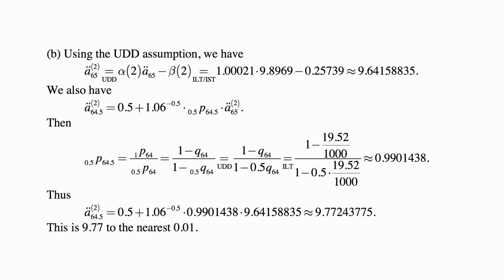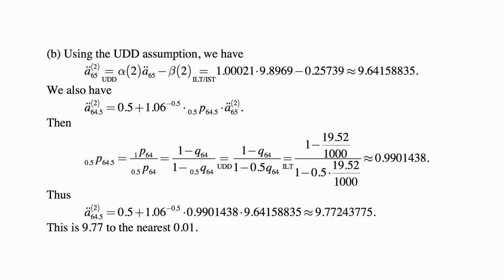A double dot upper 2 64.5 is equal to 0.5, the first payment, plus discounted over half a year, adjusted for probability of survival, A double dot upper 2 65. And we can get 0.5 P64.5 from the illustrative life table, noting that it's equal to P64 divided by P64.5, survival over the next half a year.